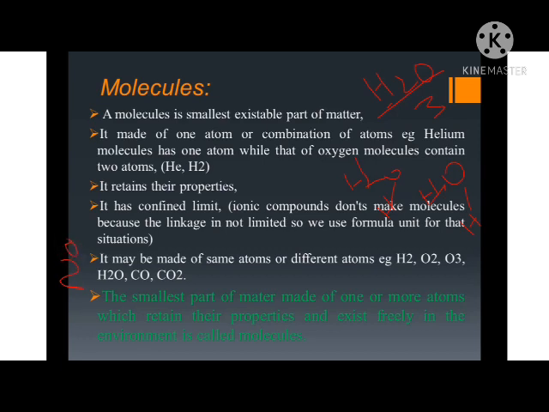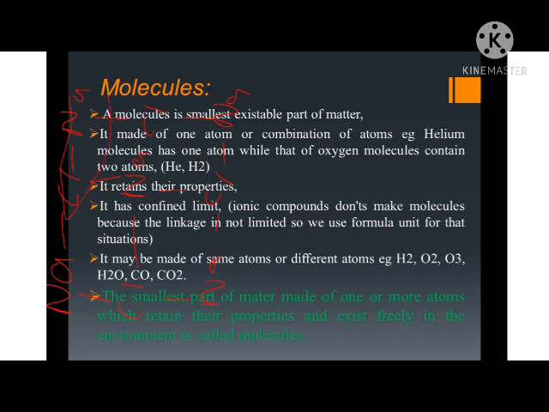For example, if we consider sodium chloride, the structure is something like this: this is sodium, this is chlorine, again sodium, chlorine, and so on. So this is not confined to a single species. There is no clear boundary between sodium and chlorine. So we pick the smallest combination ratio, which is called the formula unit.